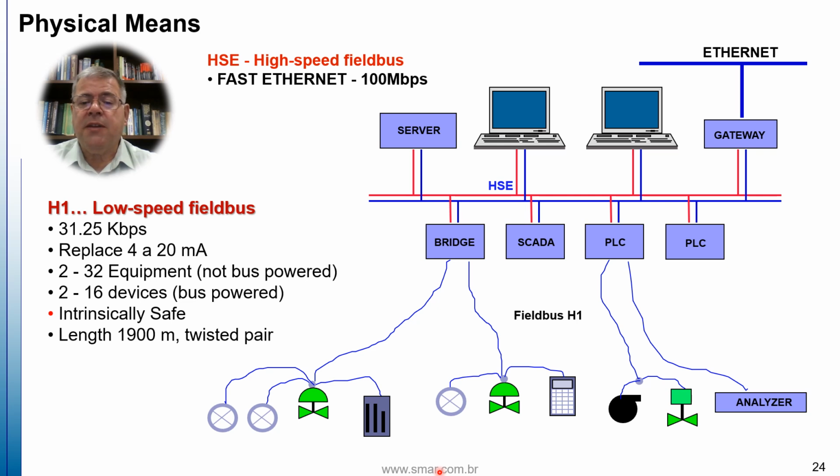Thus, in a standard installation, we will see the field channel, known as H1, operating at 31.25 kilobits per second.